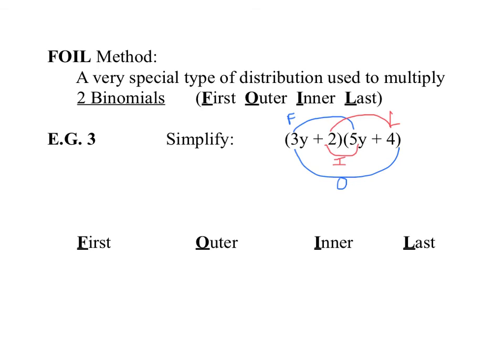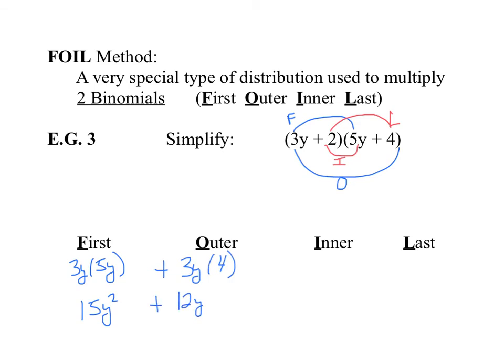So again, in the expansion form here, you've got your first, 3y times 5y, which gives you 15y squared. You've got your outer values here, so plus 3y times positive 4 is 12y.